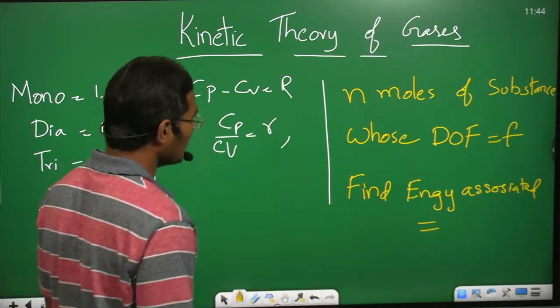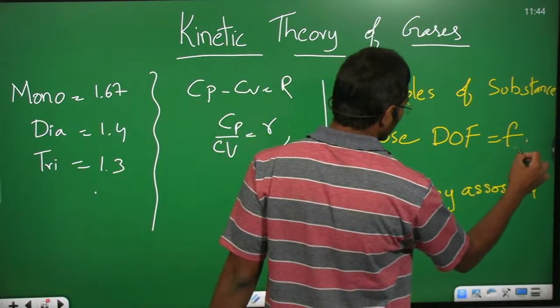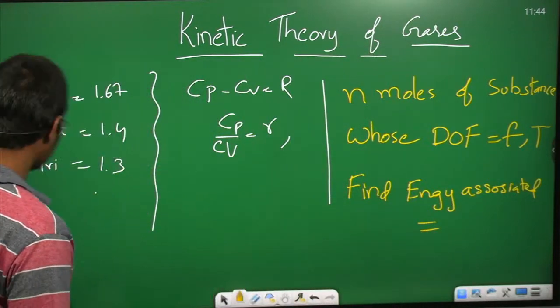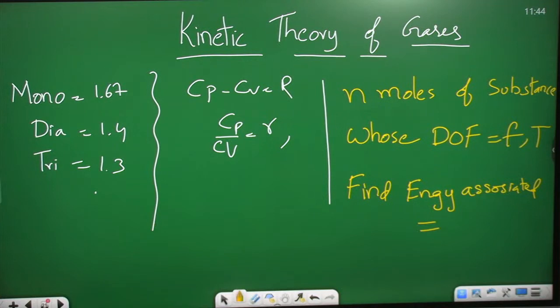Which is at temperature T. Okay, come on, people online, try to answer this question. N moles of a substance whose degree of freedom is F, at temperature T. Find the energy associated with it.